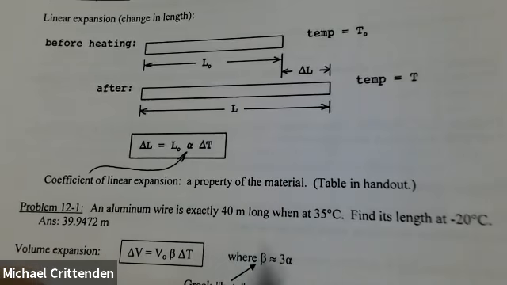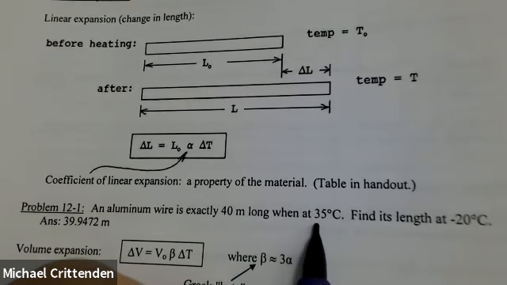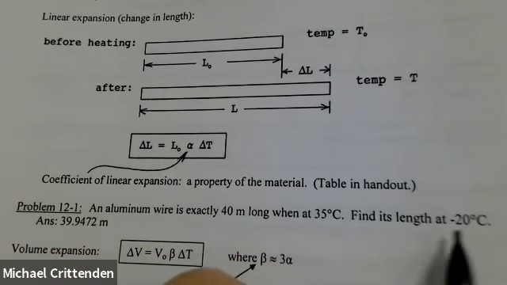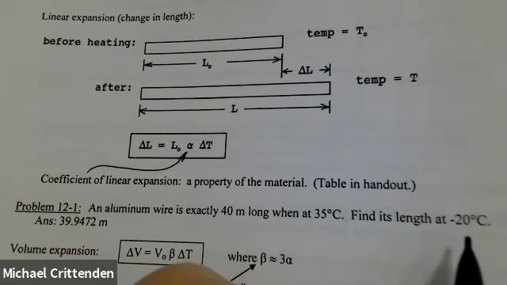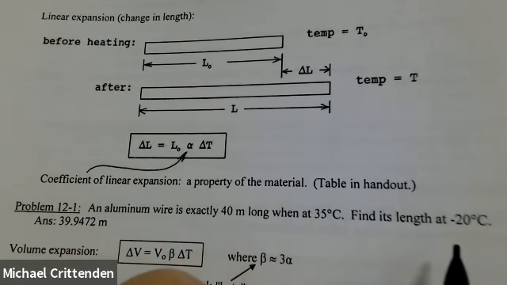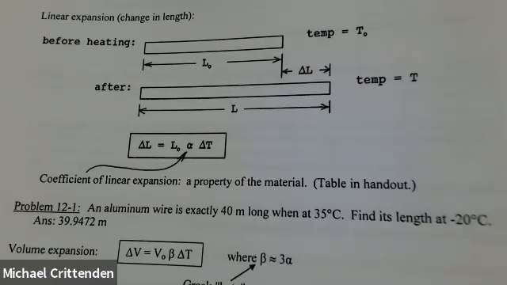One pole to the next is 40 meters, we'll say. 35 degrees Celsius is not at all unusual for a warm summer day around here. Minus 20 degrees, that's not unusual for a cold winter night around here. That would be roughly somewhere in the general vicinity of 0 degrees Fahrenheit. And I have definitely left the house in the morning to go to work on days when it was colder than that.